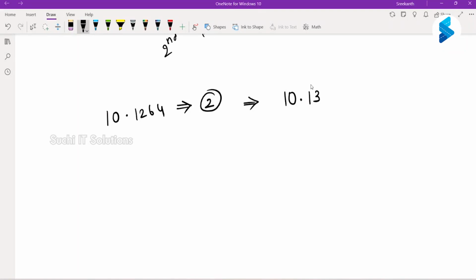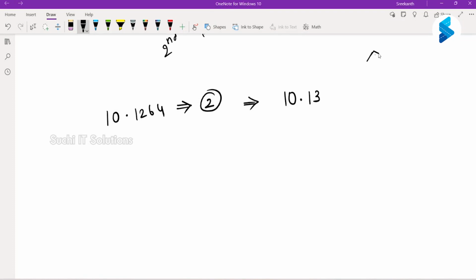Why are we rounding it to 10.13? The number after 2 is greater than 5, sir, so we are adding one to the number.